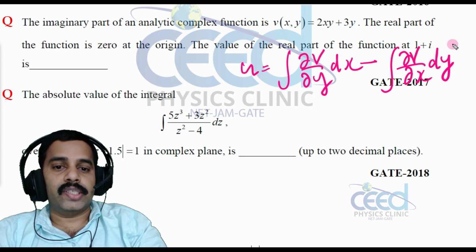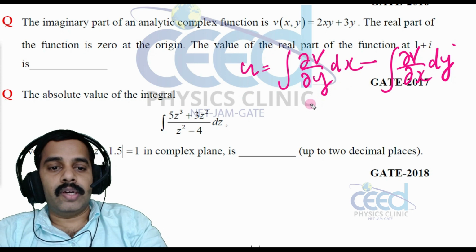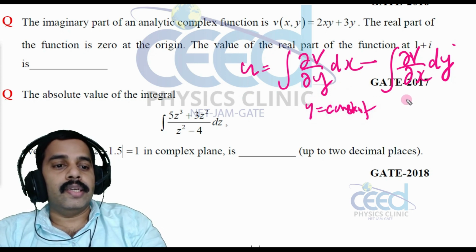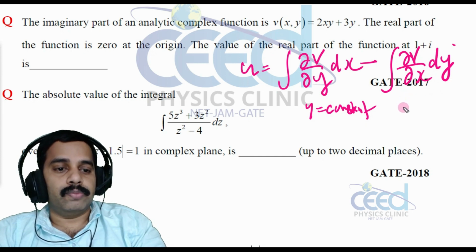So this is the equation we have studied. But when we do the integration, we have to take y as a constant in the first term, and in the second term we have to neglect the x terms. No x term in this.